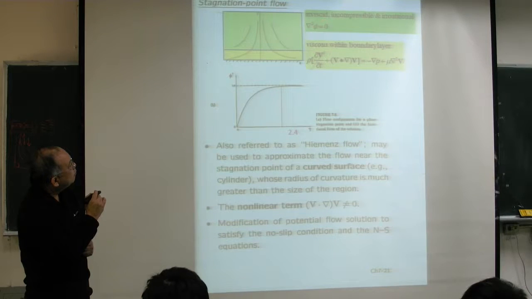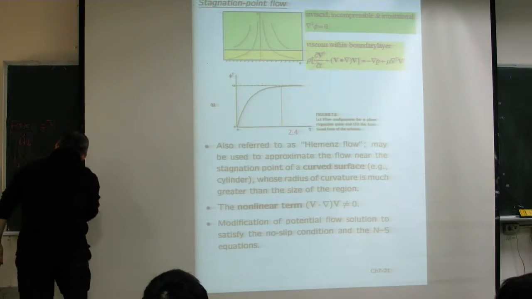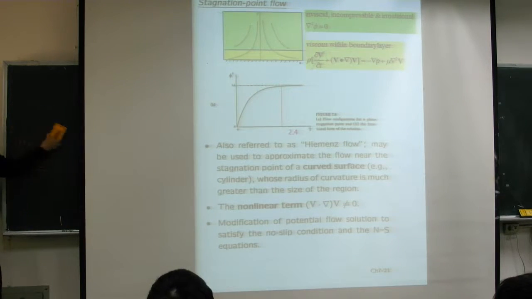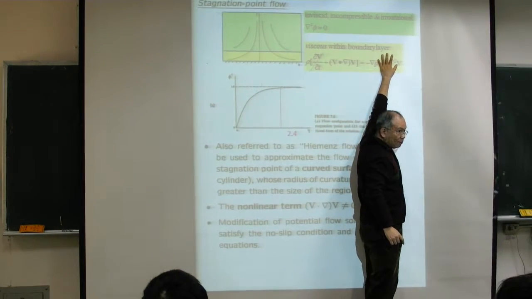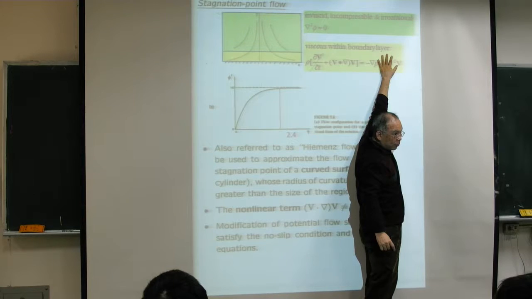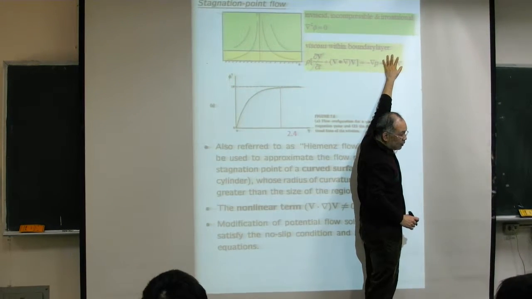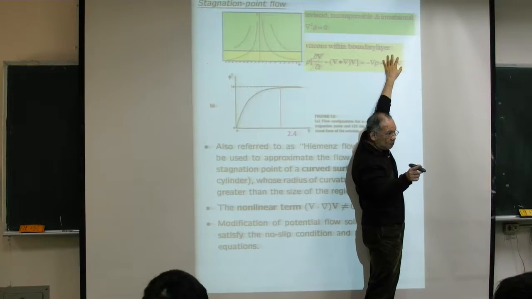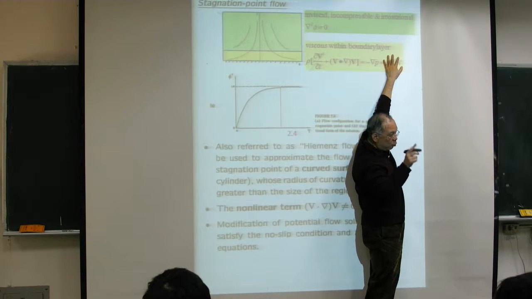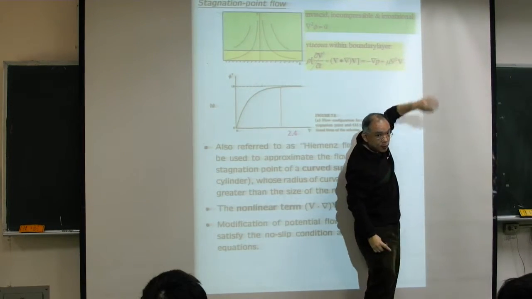Remember, what is the potential equation? If you neglect this term here, what's this equation? You get the Euler equation, right? And the Euler equation is only this term dropped, which represents incompressible, inviscid flow. Only one additional condition, irrotational, reduces it to potential flow.